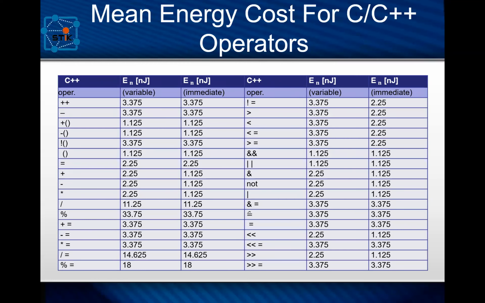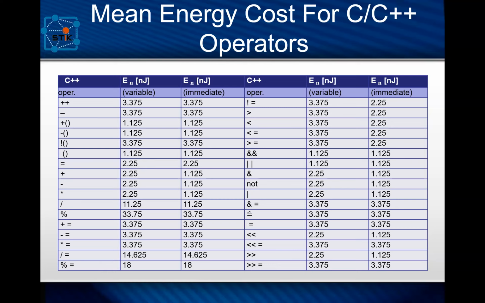In my work, I utilized results published in the literature regarding the electrical energy consumption of basic C or C++ language operations executed on ARM and Intel processors. In the table presented here, we have 3 rows and 2 columns: columns for the operation and the energy required by that operation.